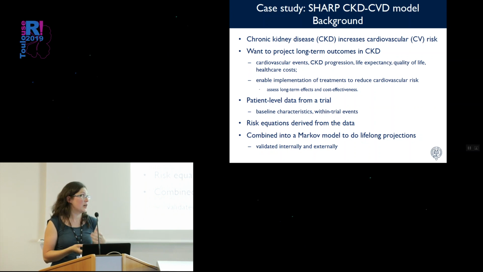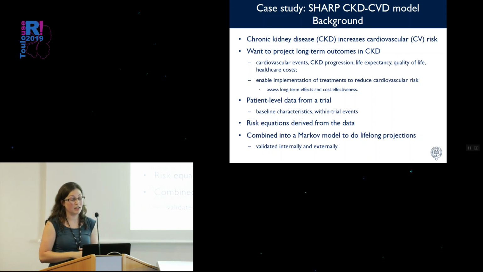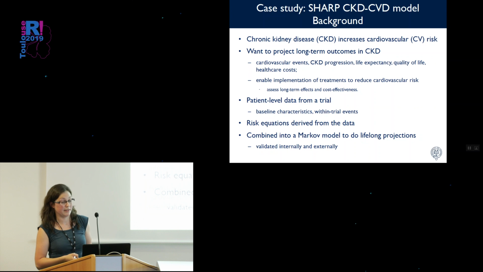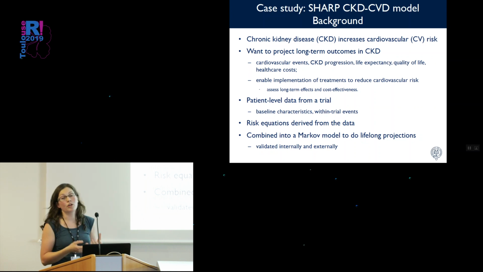And the outcomes included cardiovascular events, kidney disease progression, life expectancy, quality of life adjusted life expectancy, and healthcare costs. On top of this, we also wanted to enable implementation of treatments that reduce cardiovascular risk, for example, statins.